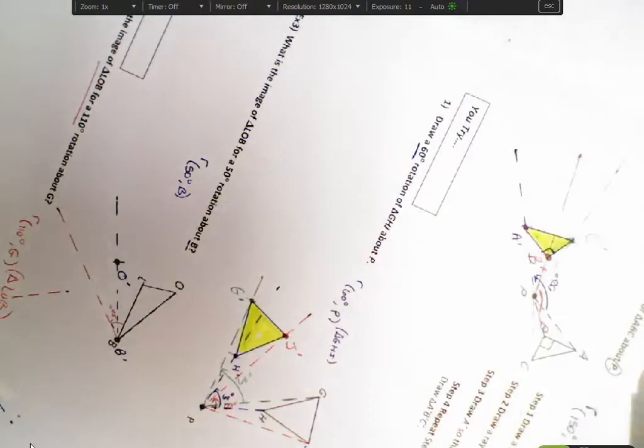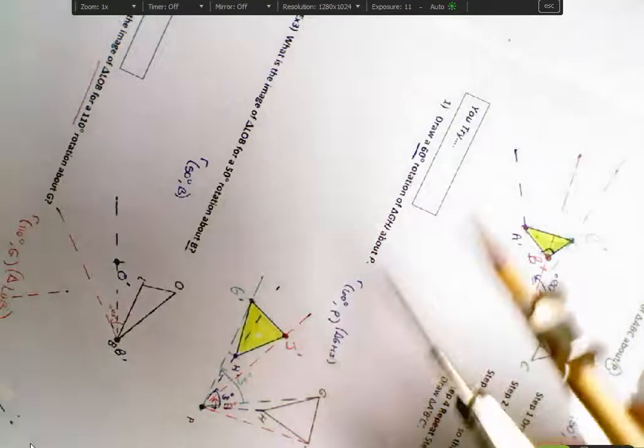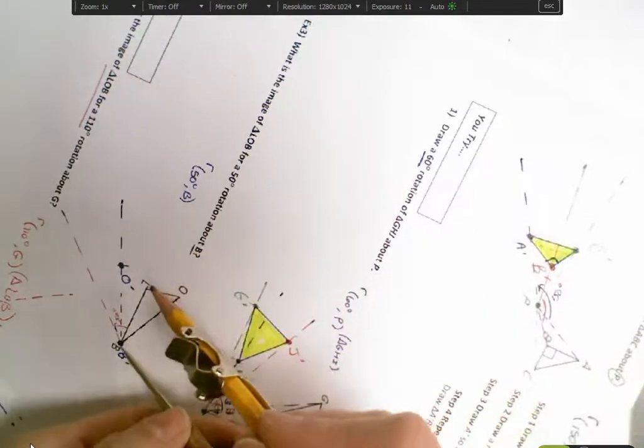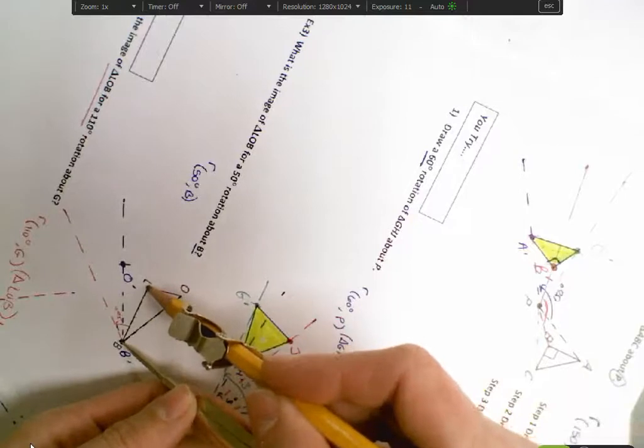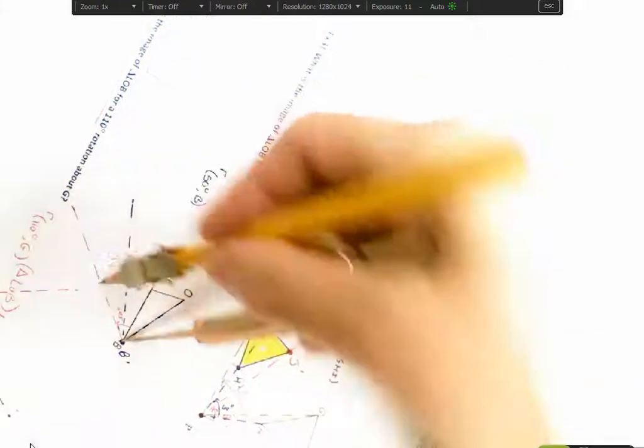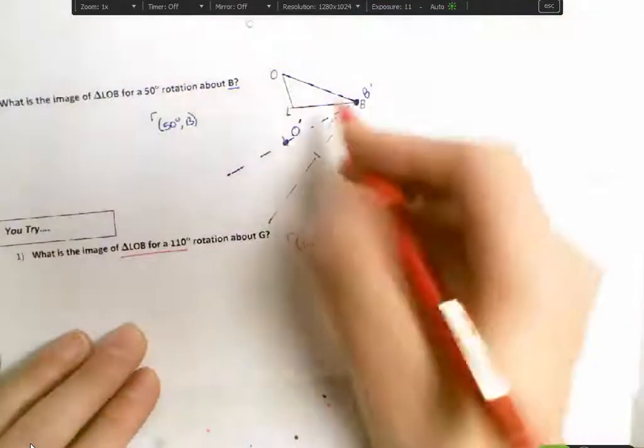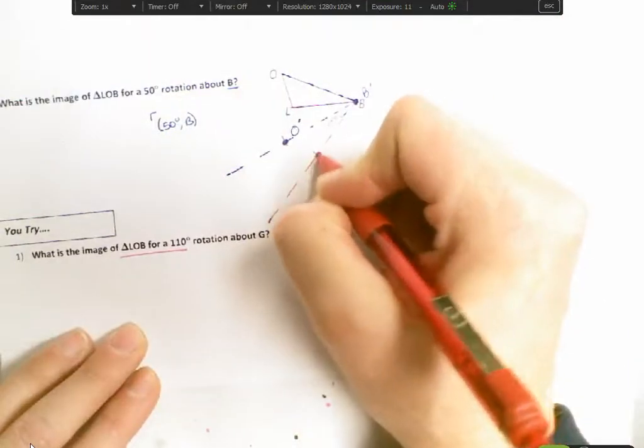I need the point to be the same distance from the center of rotation as it was in the original figure, so I'm going to open my compass so that it's the same distance and make a mark on my dashed line. Where I made the mark becomes my L prime.